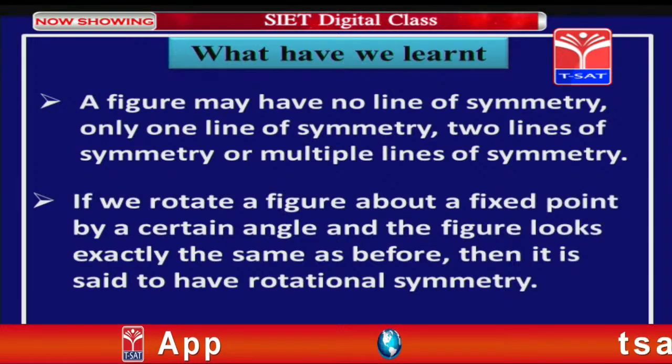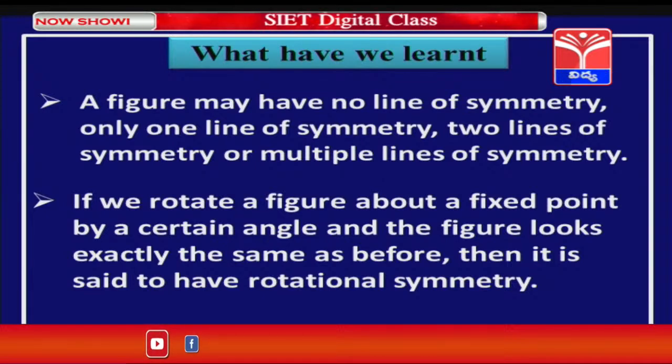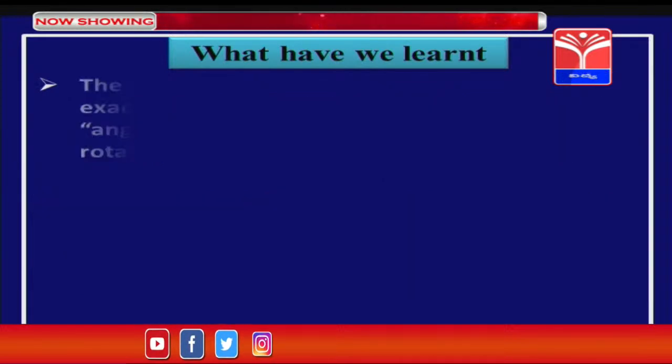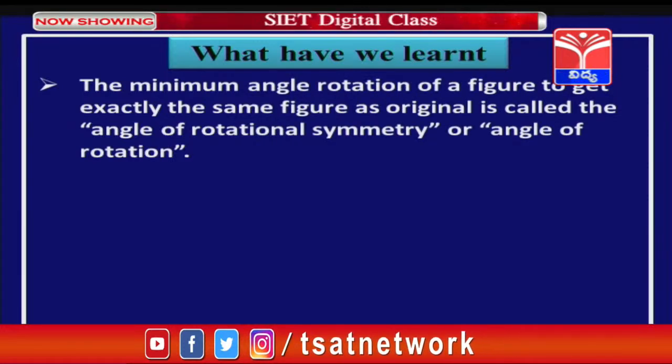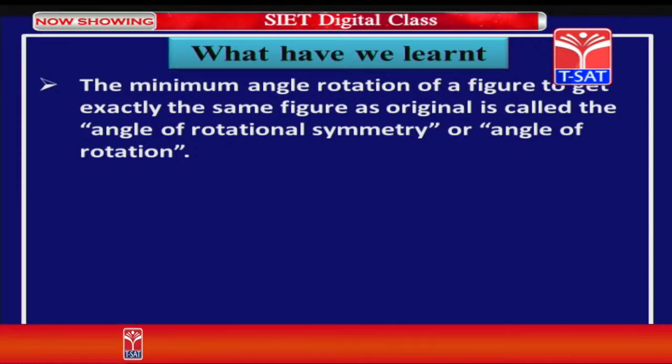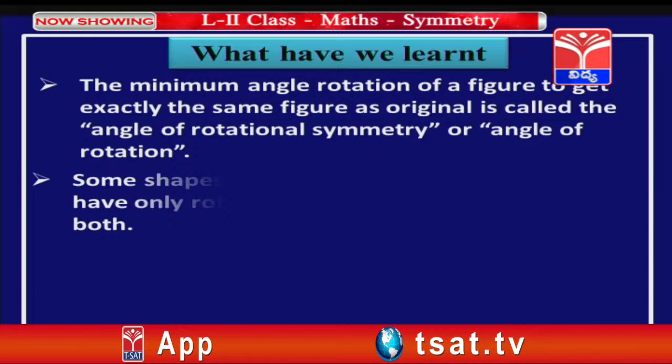If you rotate a figure about a fixed point by a certain angle and the figure looks exactly the same as before, then it is said to have rotational symmetry. The minimum angle of rotation of a figure to get exactly the same figure as original is called angle of rotational symmetry or simply angle of rotation.